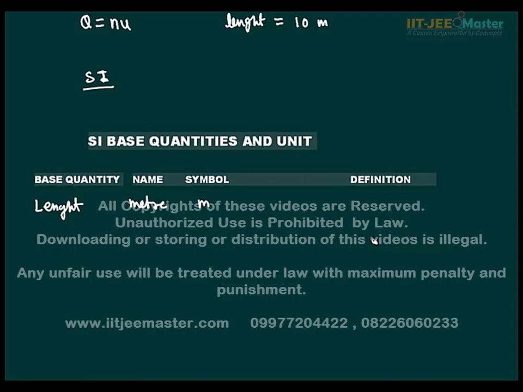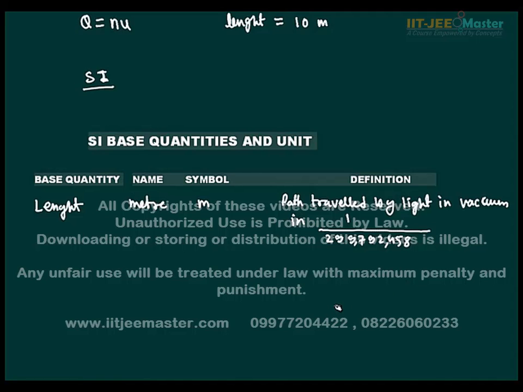The definition of meter was revised in 1983. It is the path traveled by light in vacuum in 1 by 299,792,458 of a second.